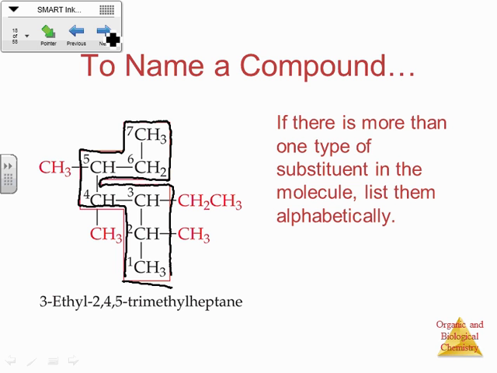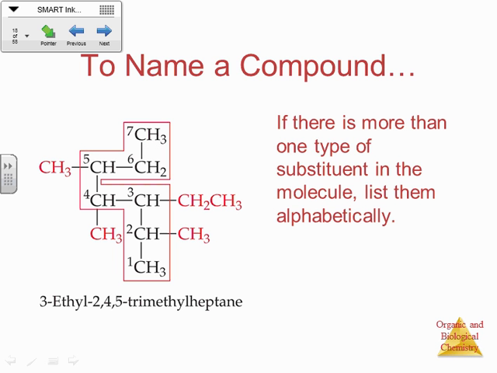The reason we numbered it this way, starting with the 1 down at the bottom and then up to 2, is because our first substituent group comes on carbon number 2 if we number it this way. If we numbered it backwards, with this carbon as number 1, this as number 2, and this as number 3, then we wouldn't get to our first substituent group until carbon number 3. So you have to number it in such a way that you get to the substituent as quickly as possible.